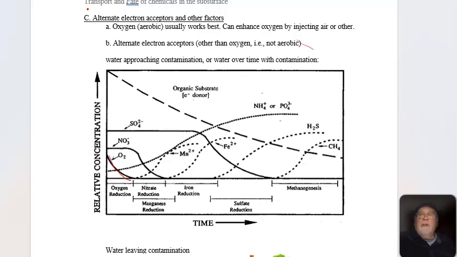So what you'll see in the groundwater, it hits a contamination site. It starts out, you'll have high oxygen, and then if it has nitrates, they'll drop out, and if it has sulfate, they'll drop out, and then iron will come back in, or manganese. And when we first found out about this years ago, my colleague and I got all excited and we went out to a site and we measured this, and it was perfect.